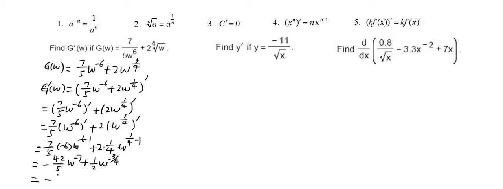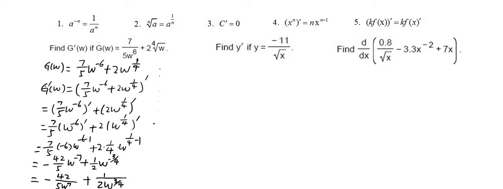So this is W to the power 7. Put this in the denominator and change the exponent to positive. Similarly, we put this in the denominator and change the sign to the opposite.